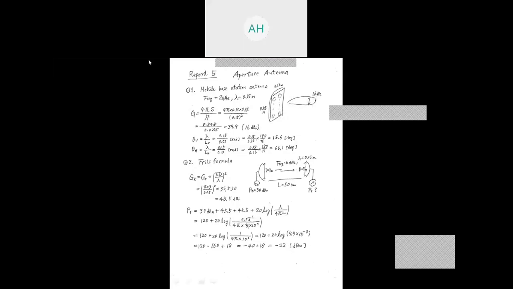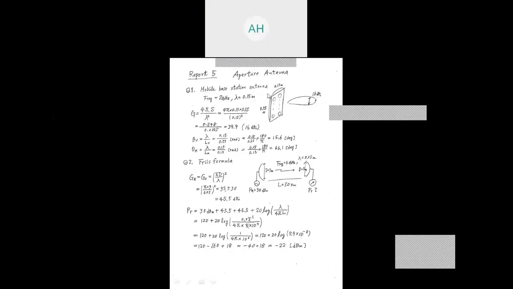Yes, Sensei. So this is an aperture antenna. A mobile base station antenna is an example of this calculation. So the mobile frequency is 2 GHz and the wavelength is 0.15 meter.